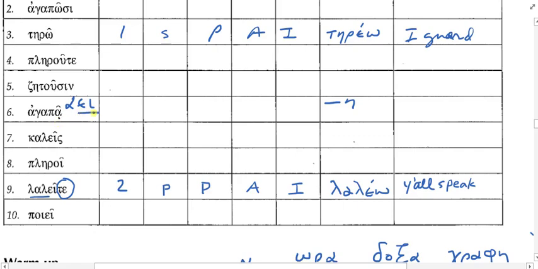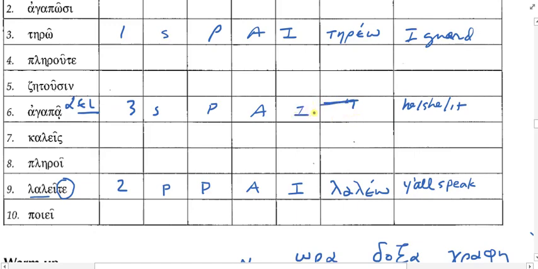Okay? So which personal ending are we seeing here when we have an alpha that contracts? That's third singular. Okay, and I can go ahead and translate in my inflected meaning as he, she, or it, right? And then the tense is always present, active, indicative. So what's my lexical form?